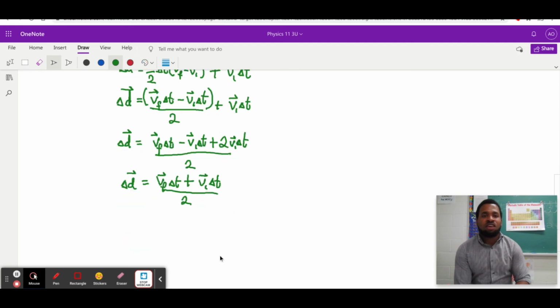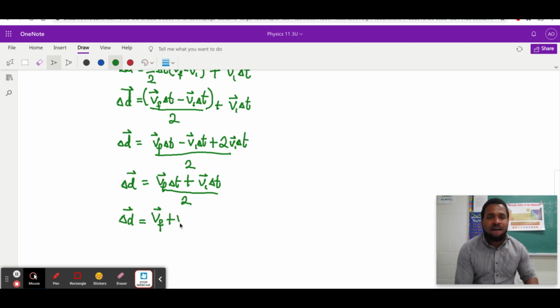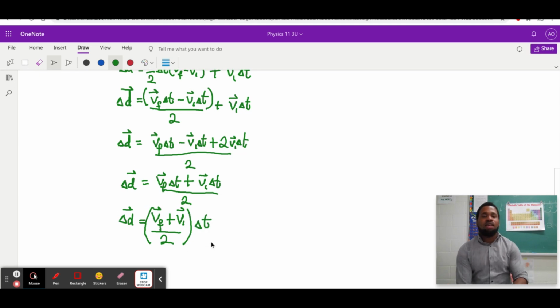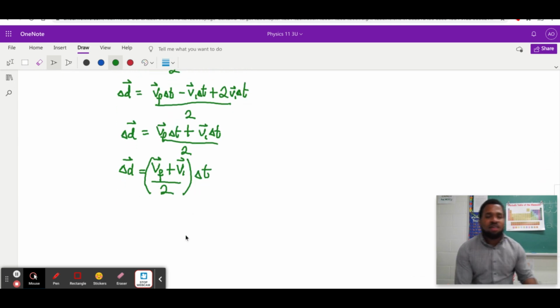Now, once we have this taken care of, our next step is to factor out our change in time, and therefore we have our first equation, which is expressed as v final plus v initial, all divided by 2, and this is all multiplied by our change in time. Take note that this equation that we have here is not accounting for the acceleration.